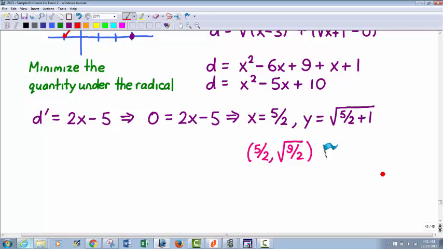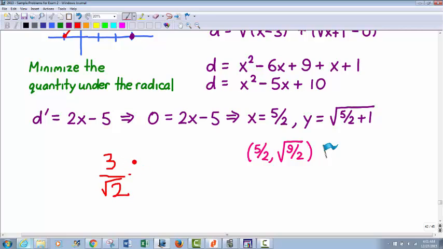It's possible if it was multiple choice, they might try to simplify that radical, so I'll show you that real quick. I don't really care on handwritten work about rationalizing denominators. The square root of 9 is 3.